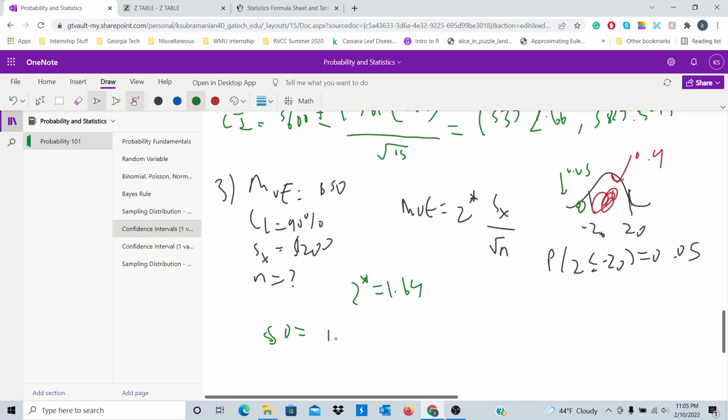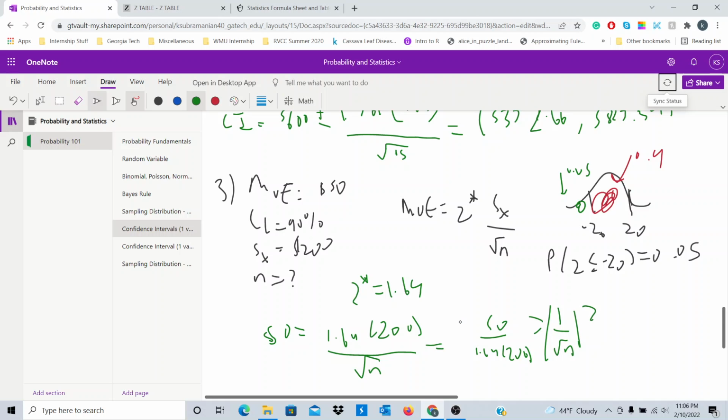So we know the margin of error is $50. We know the z star is 1.64. We know the sample standard deviation is 200, right? And all we have to do is solve for root n. So if we do a little bit of algebraic manipulation, we see that 50 over 1.64 times 200 equals 1 over root n.